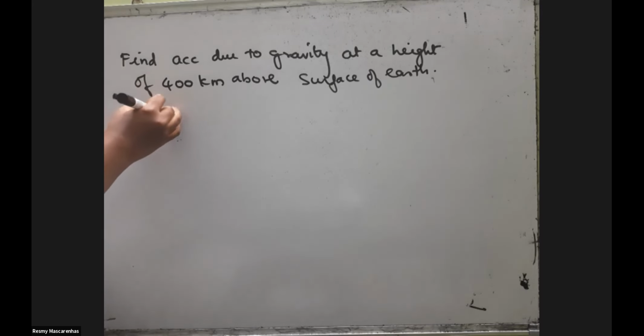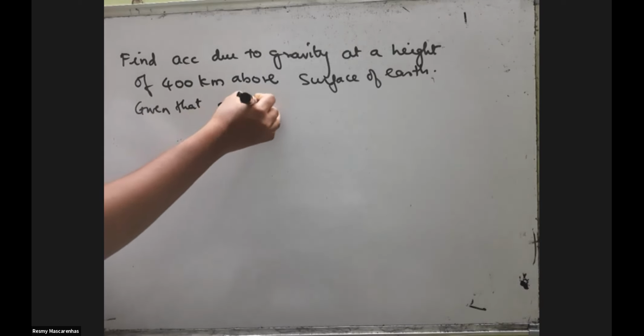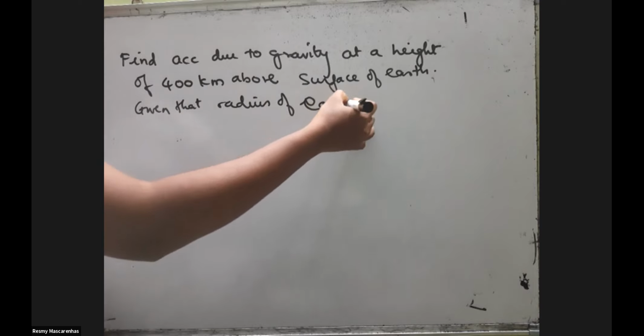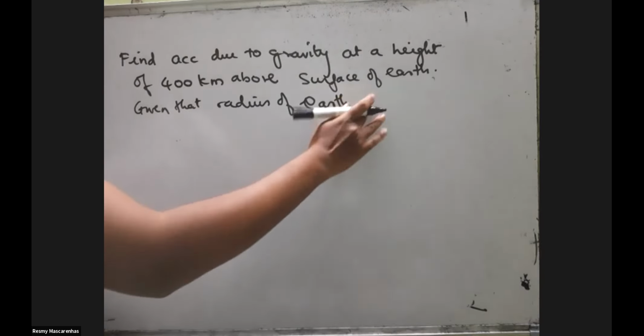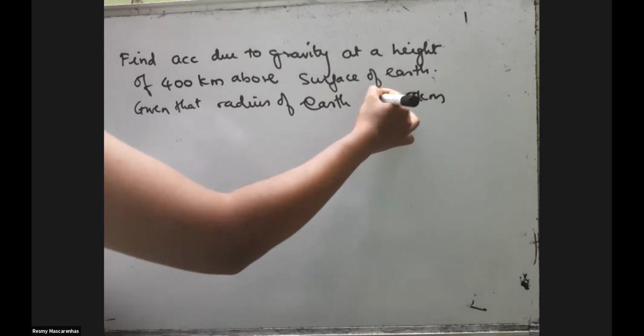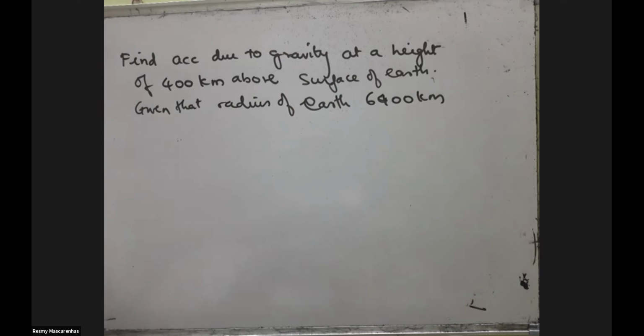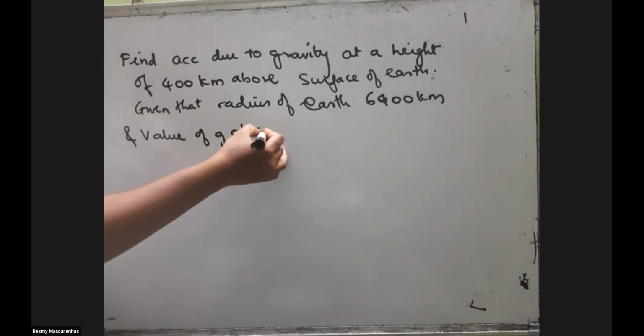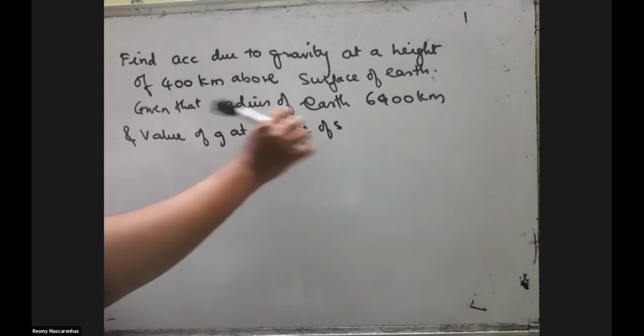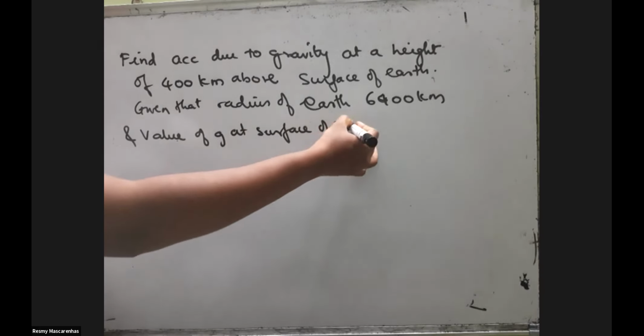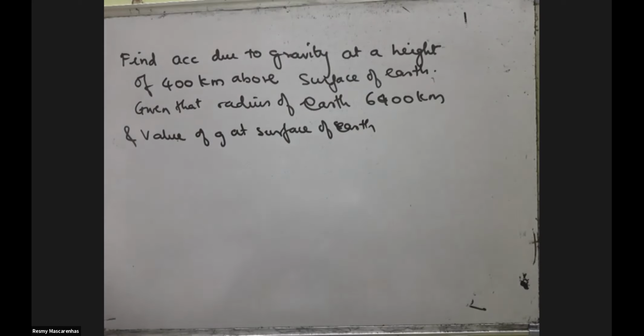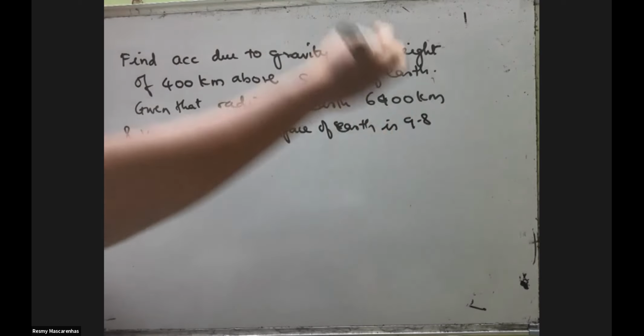Given that the radius of Earth is 6,400 kilometers, and the value of g at the surface of Earth, or acceleration due to gravity at the surface of Earth, is 9.8 meter per second square.